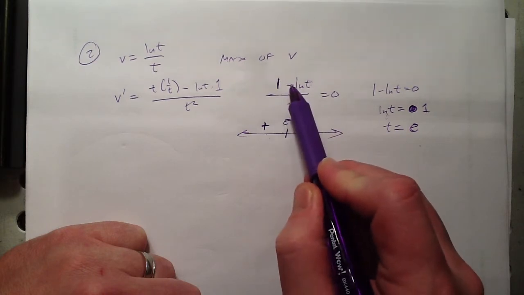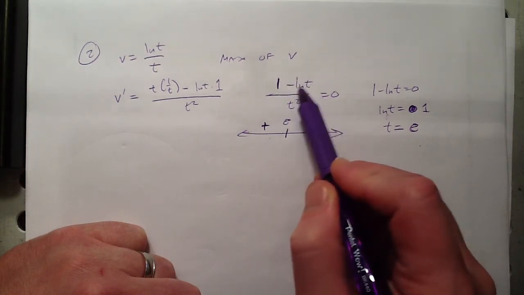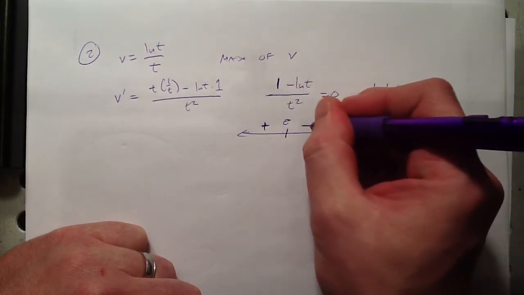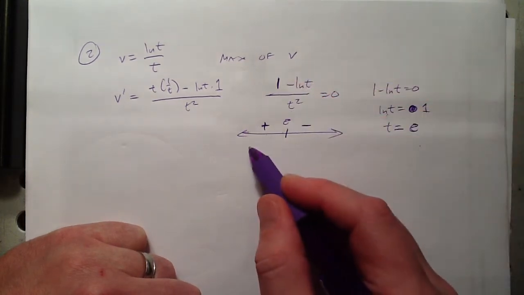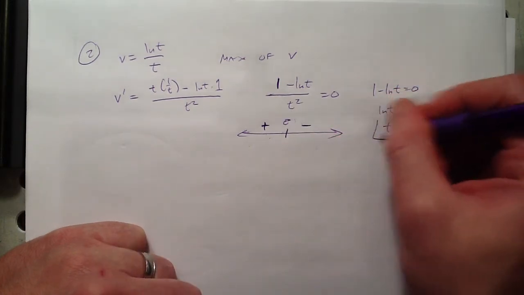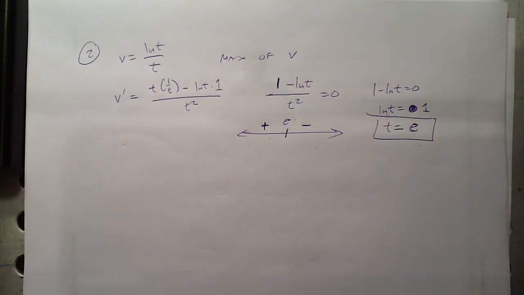So 1 minus the natural log of e squared is 1 minus 2. So that's negative over positive. So that's increasing, decreasing. So sure enough, that's a maximum. So it happens at e, which is answer choice C.